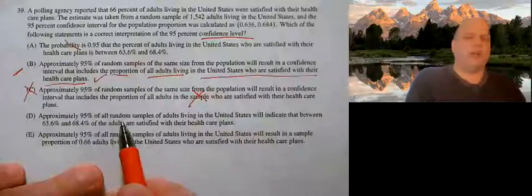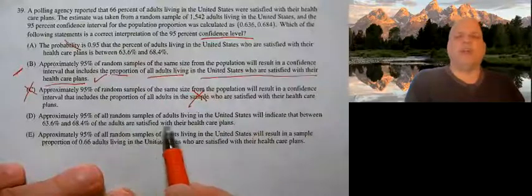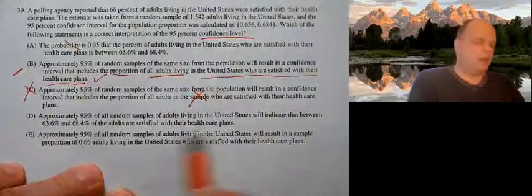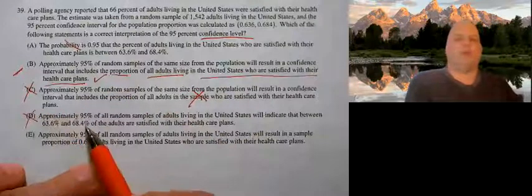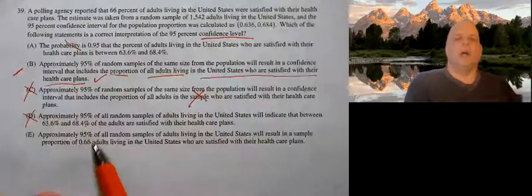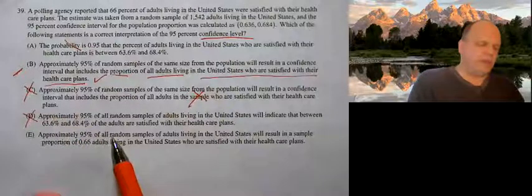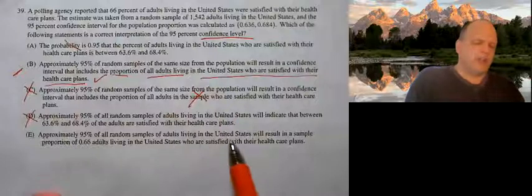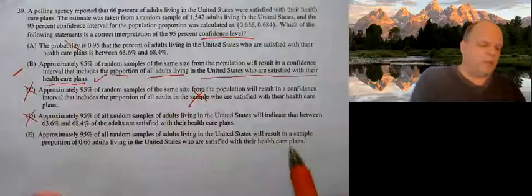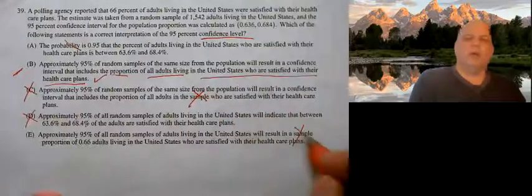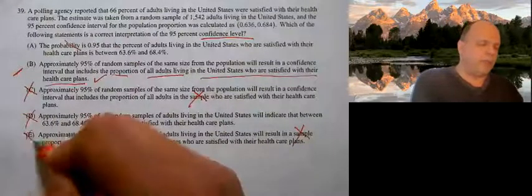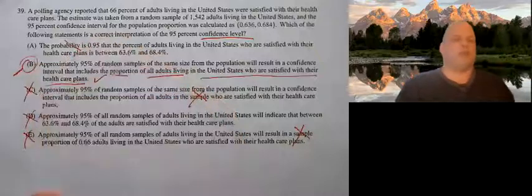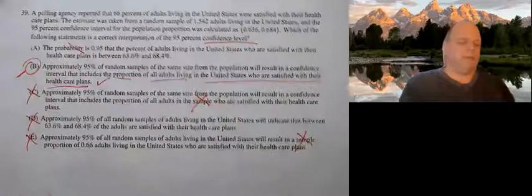Approximately 95% of all random samples of adults living in the United States will indicate between. No, every sample is different. They're not going to have the same endpoints. Approximately 95% of all random samples of adults living in the United States will result in a sample proportion. No, they're all going to have different. Every sample is different. We're not going to have the same sample proportions. The only answer choice that works is B.